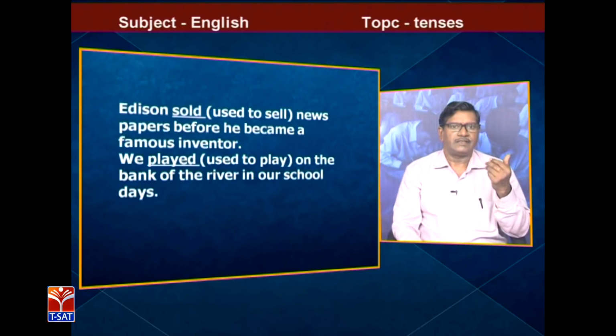While in college, he studied 8 hours a day. That means he used to study 8 hours a day when he was in college. Edison sold newspapers. That means he used to sell newspapers before he became a famous inventor, a famous scientist.